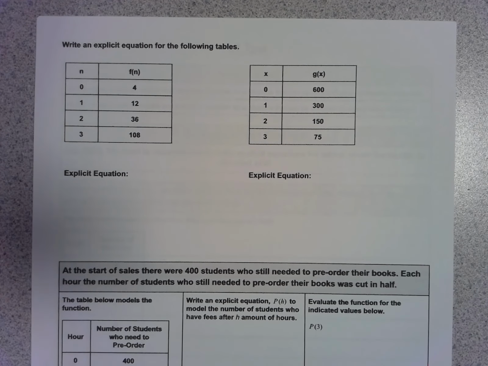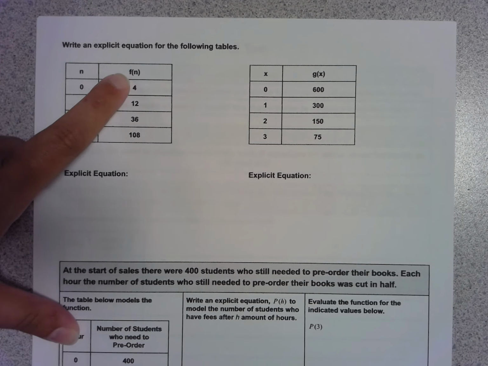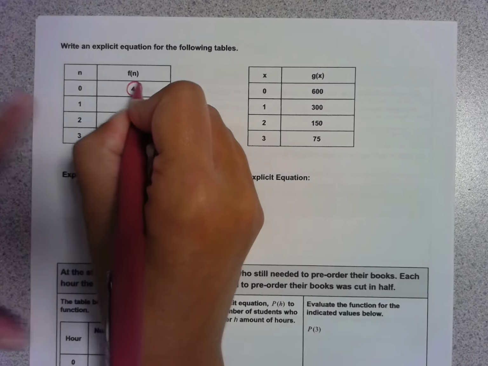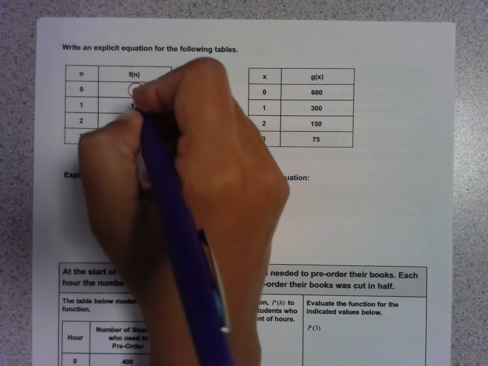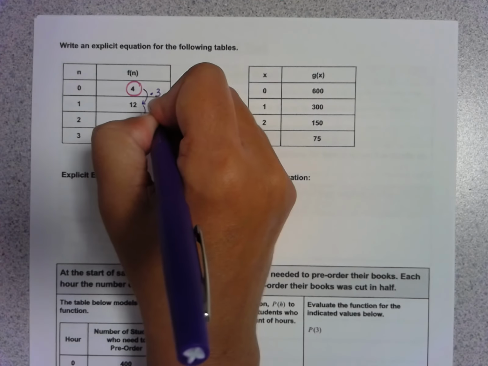So the first thing to notice is that in this first table, our input variable is n, our output variable is f, our starting value is 4, and our pattern seems to be multiplying by 3 each time.